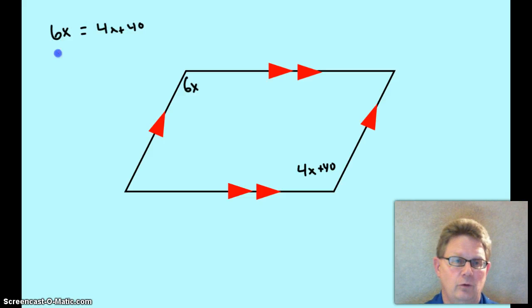Subtract 4x from both sides. 2x equals 40. x equals 20. So if they just ask for x, that would be it. If they ask for all the angles, 120, 120, 60, and 60.